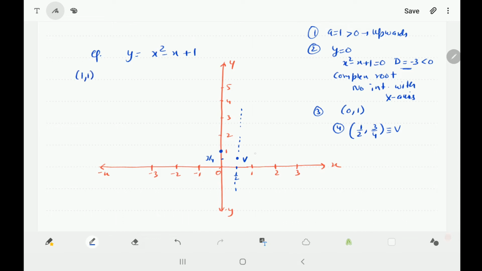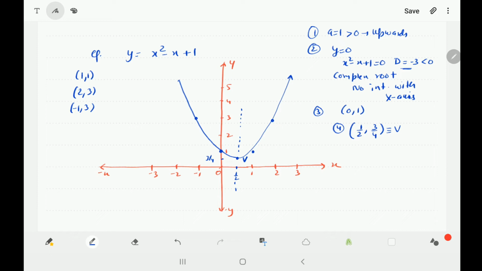So we will take this point through which the parabola will pass. Similarly, at x equal to 2, you will get 4 minus 2, which is 2, plus 1, which is 3. So the parabola will pass through (2, 3) also. At minus 1, it will pass through 3 also. So (minus 1, 3) will be this point. So our parabola will be basically like this.